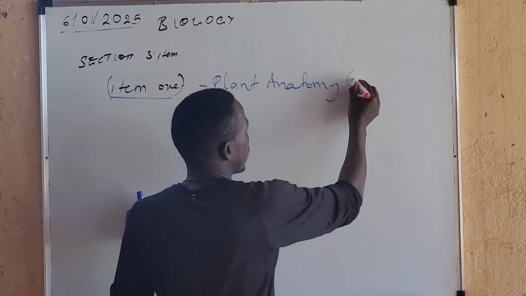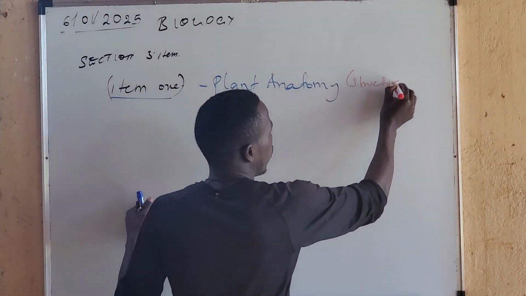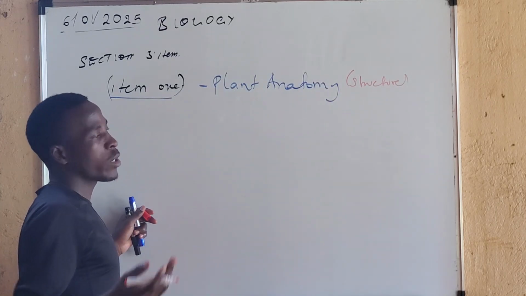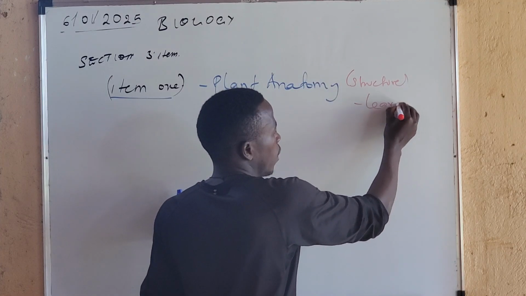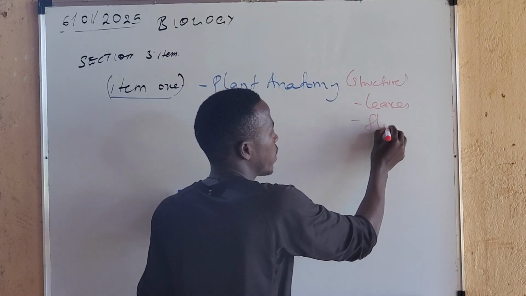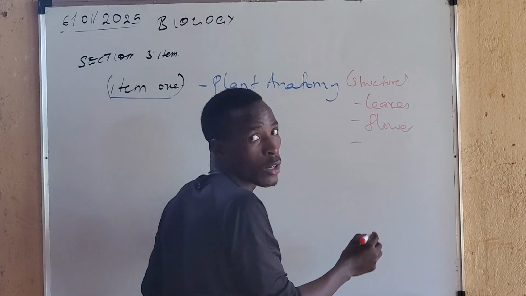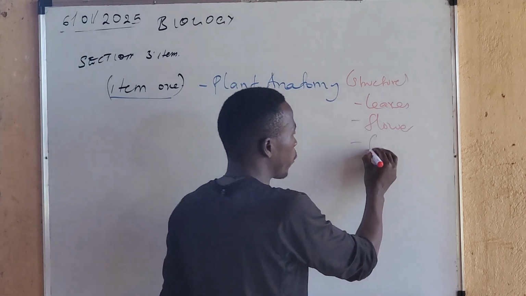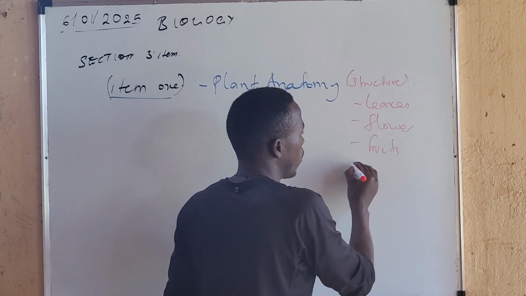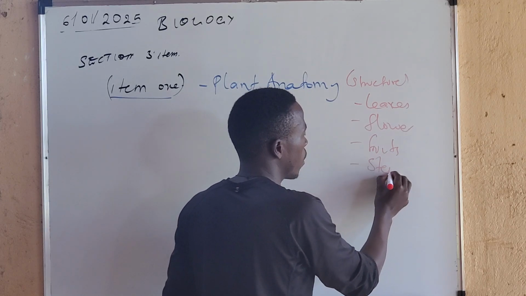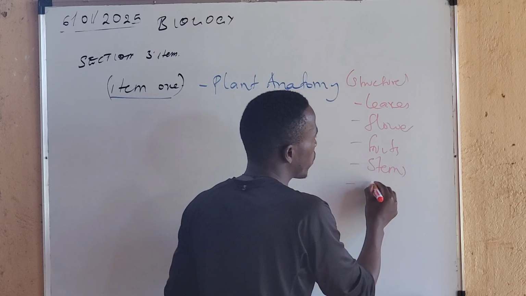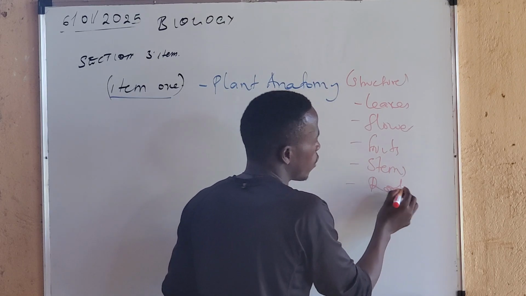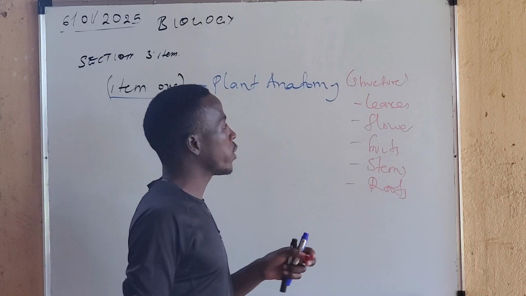Which plant structures are we talking about? 1, we have the leaves. 2, the flowers. 3, the fruits. 4, the stems. 5, the roots. Those are the plant structures.